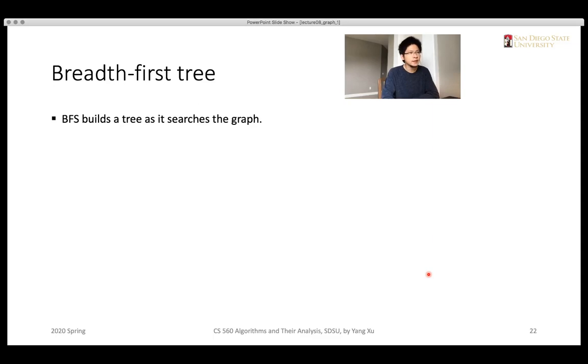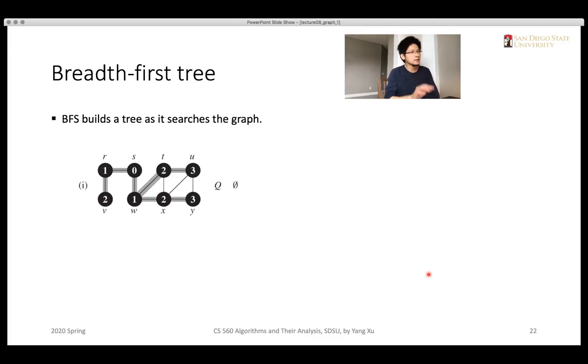So next, let's look at the results of the breadth-first tree of the BFS search. As we said, it is something like a tree structure. Looking at the results from running the example from the previous slides, it is something like this.